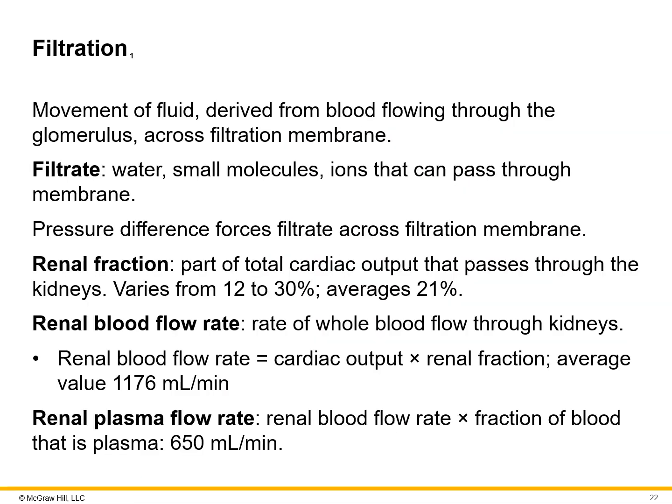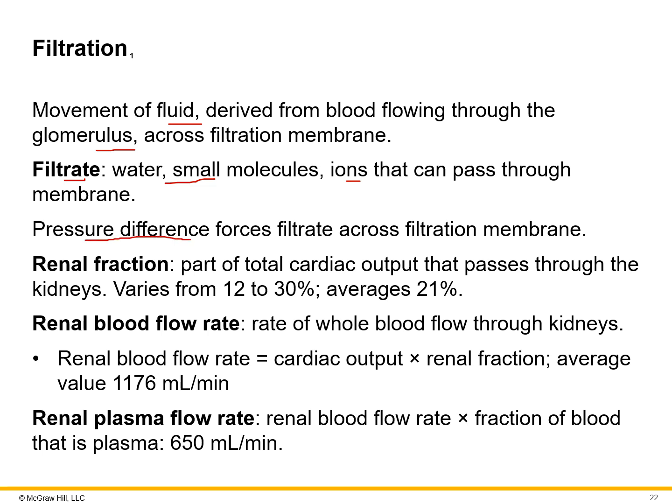So just looking a little bit more at that filtration, the movement of the fluid is coming from the blood through the glomerulus or Bowman's capsule, through that filtration membrane. Once it comes out, it is now called the filtrate, which includes the small molecules and ions that are very small, that wouldn't normally move through the phospholipid bilayer, but they can move through the fenestrae or those filtration slits.